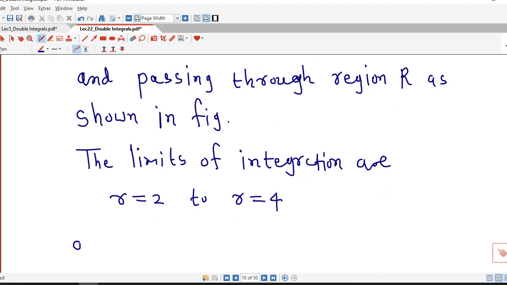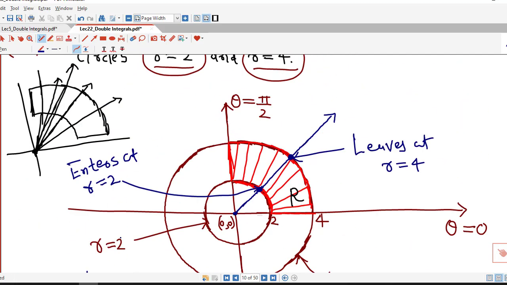And now we decide the limits of theta, the other variable. To determine the limits of theta, we will concentrate on the smallest value of theta for the region. We can start from this point. At all these points the value of theta is 0, and the largest value of theta possible for the region is pi by 2.